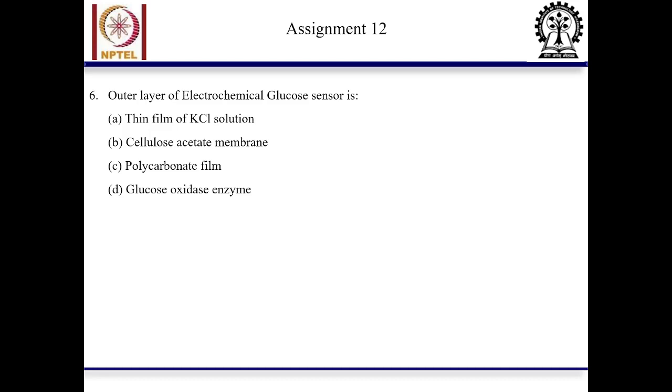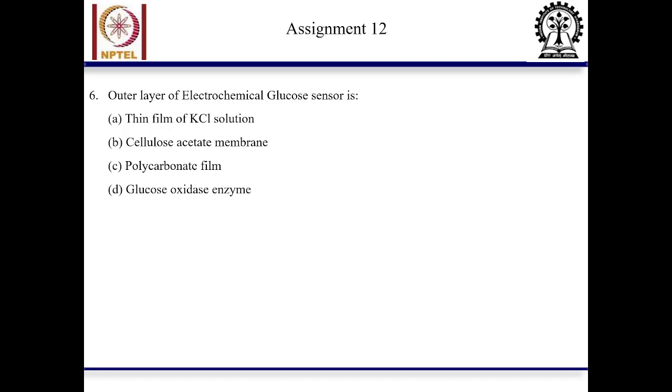Any other answer? Oh, ma'am is saying the glucose oxidase enzyme.